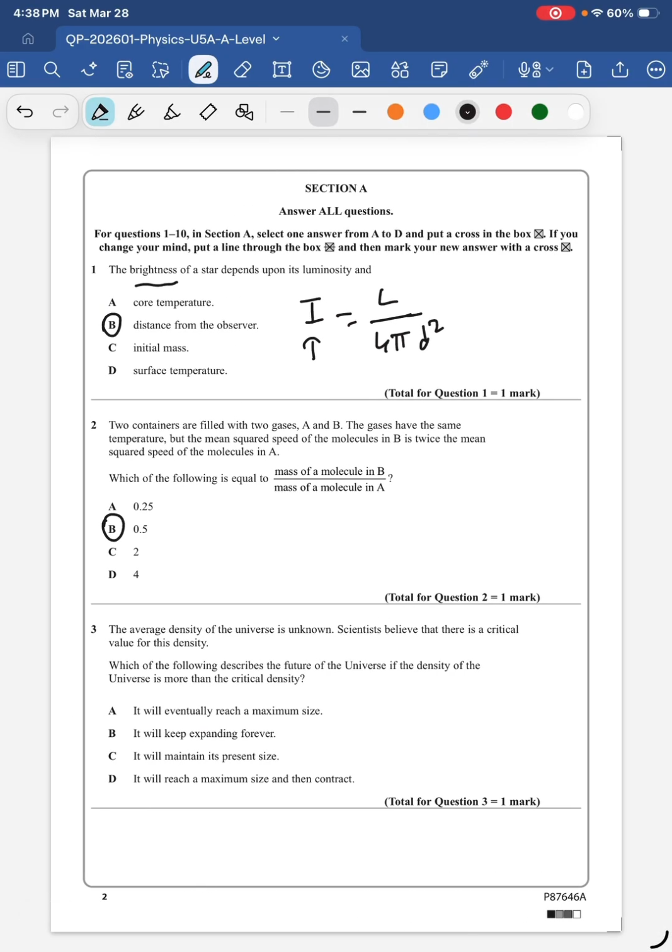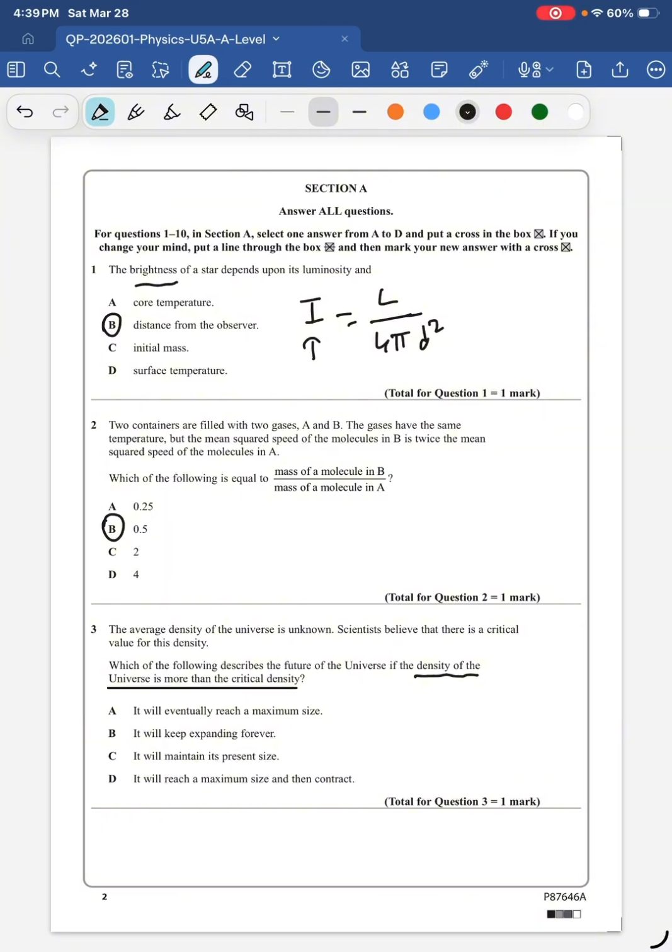The average density of the universe is unknown. Scientists believe that there is a critical value for this density. Which of the following describes the future of the universe if the density of the universe is more than the critical density? Okay, so let's read the answers. Option A says it will eventually reach a maximum size. It's kind of true, but it will start contracting.